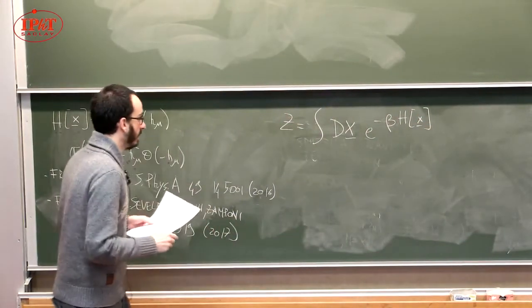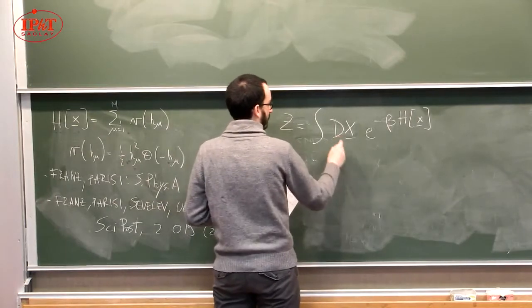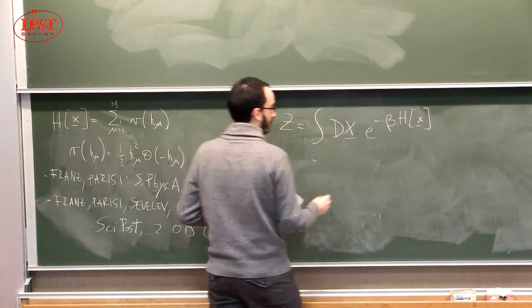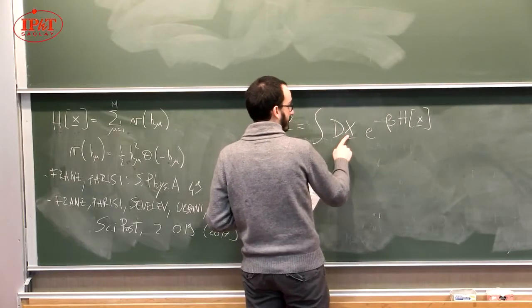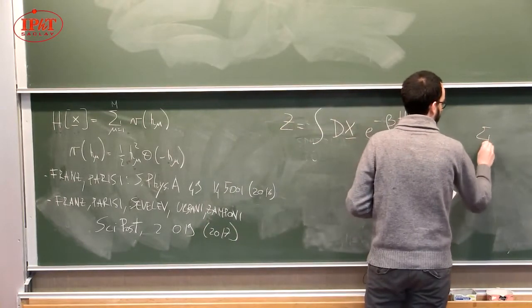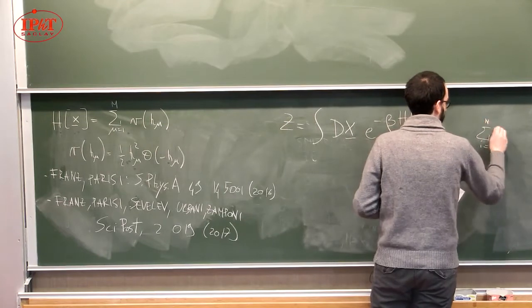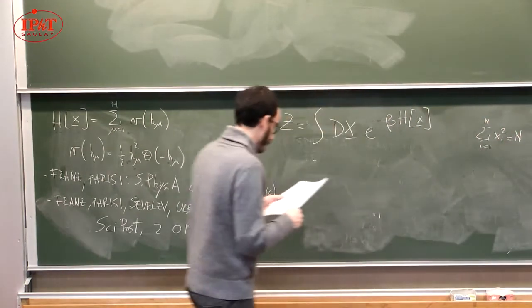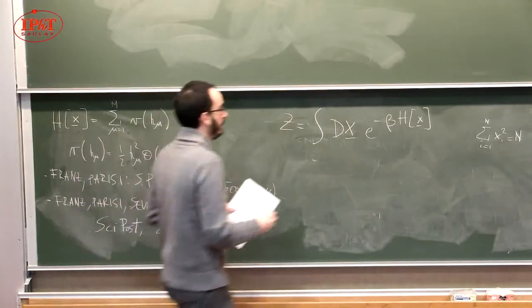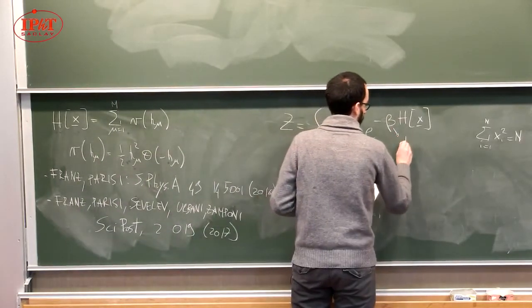Here I indicate with this the flat measure over the n-dimensional sphere. I'm just integrating over all the vectors x such that the spherical constraint is satisfied. And here beta is the inverse temperature.